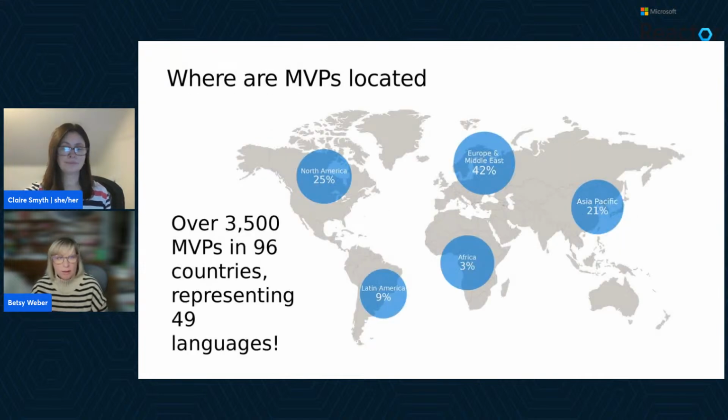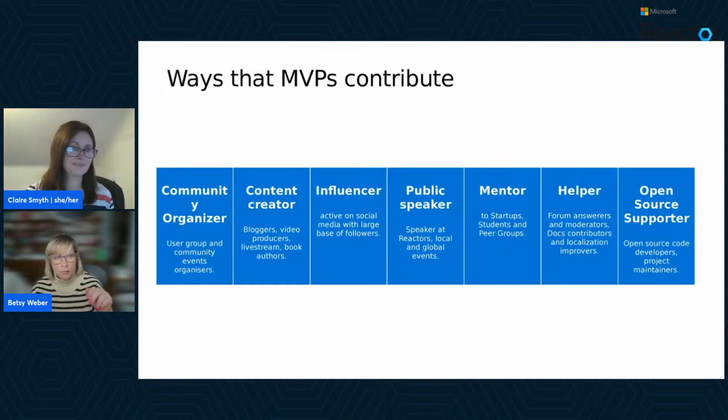So where are MVPs located? They are all around the world, and chances are there might be some MVPs even located near you. We've got over 3,500 of them, in over 96 countries, and they speak over 45 different languages. And I'll put a link in chat on how you can find an MVP to connect with them.